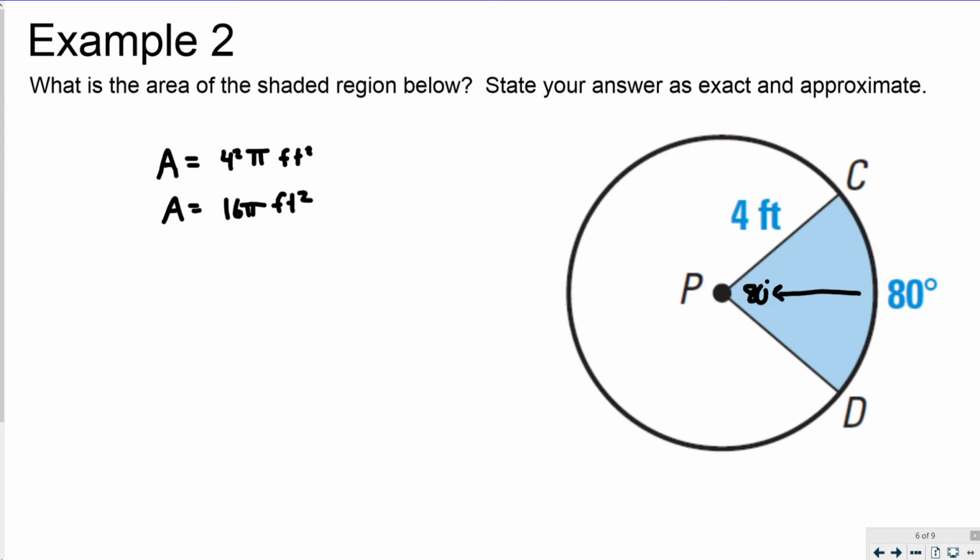So I'm going to take that and plug it into my sector area formula of S equals 16 pi over 1 times 80 degrees, because that's the central angle measure, divided by 360.